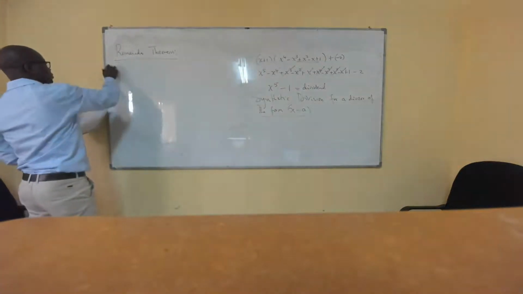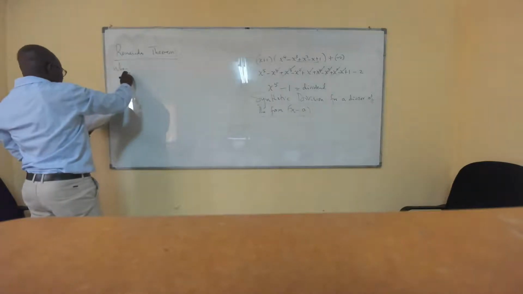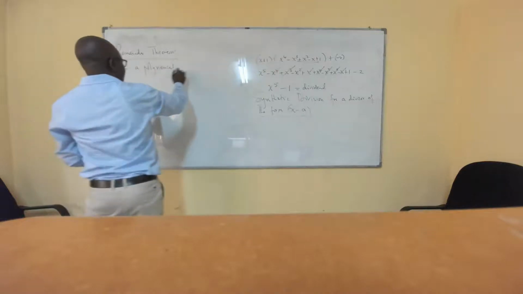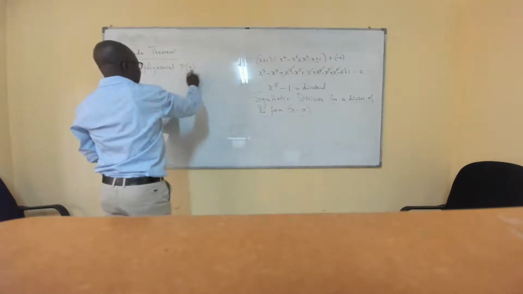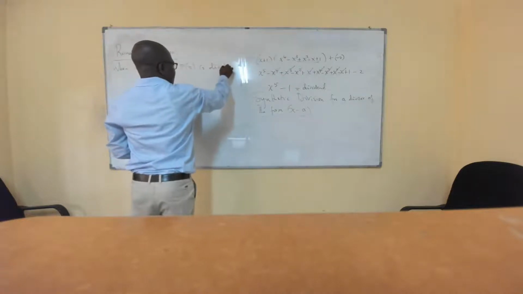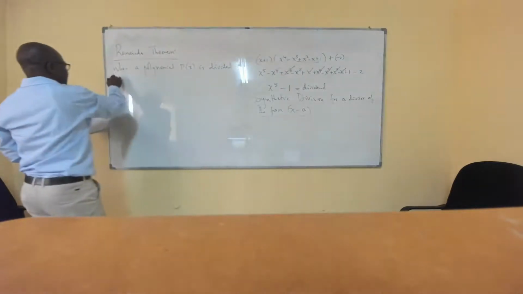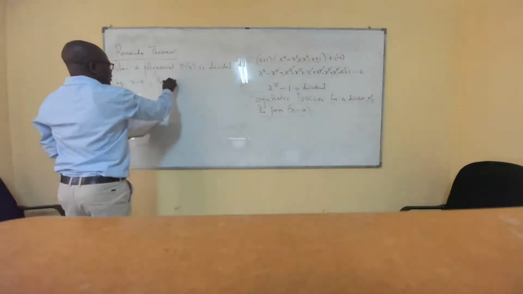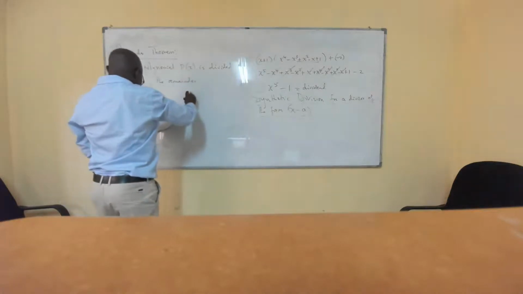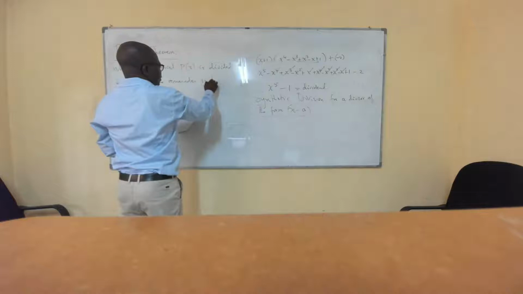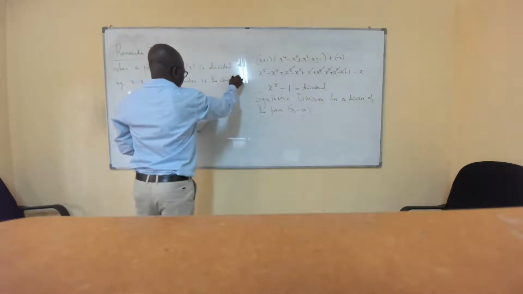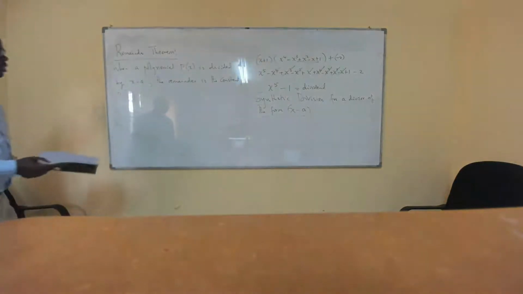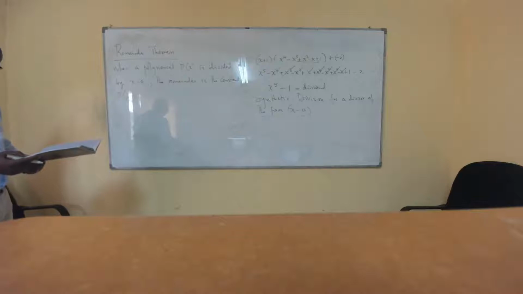When a polynomial, which in this case I'll call P of x, is divided by x minus a, the remainder is the constant P of a. That's how we can get the remainder.